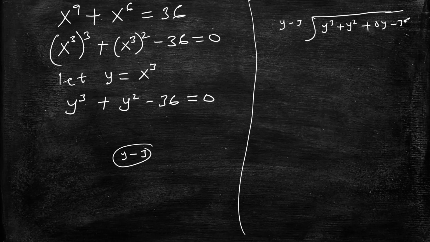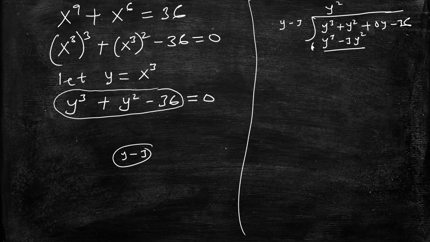Now we are focusing on this part. y into y squared is y cubed. y squared times y is y cubed. y squared times minus 3 is minus 3y squared. Let's subtract. y cubed minus y cubed is 0. y squared minus minus 3y squared becomes 4y squared.